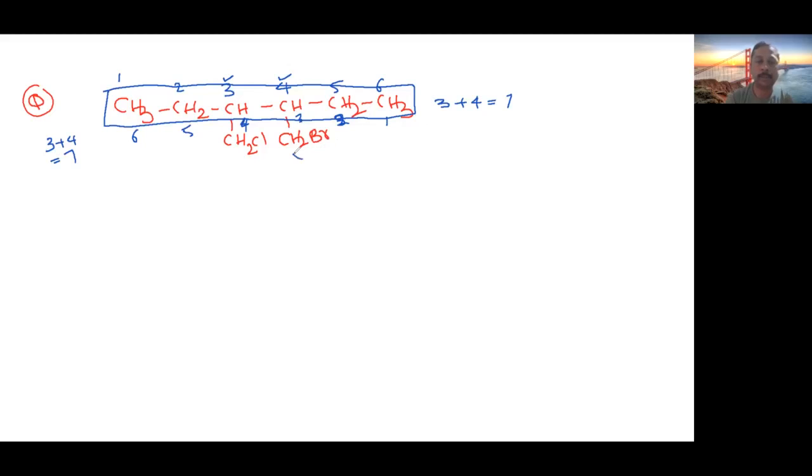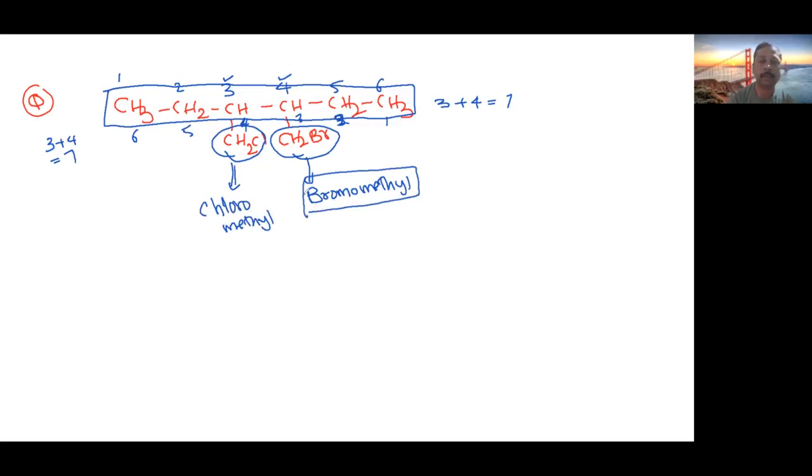So this substituent name will be bromomethyl, and this substituent name will be chloromethyl. So chloromethyl and bromomethyl: bromo, B comes first. Therefore, it should be given the minimum numbering. Here 4 and 5, this is the minimum numbering.